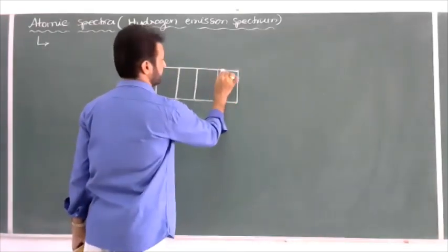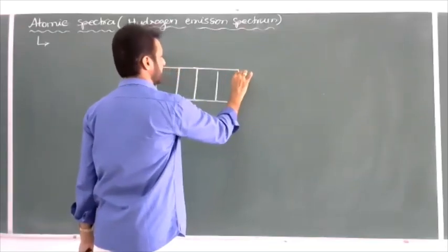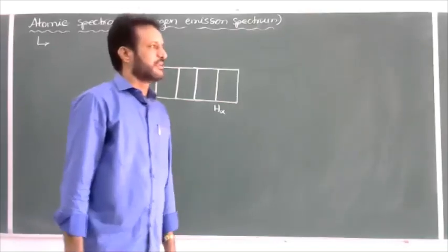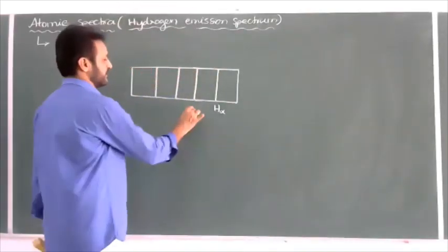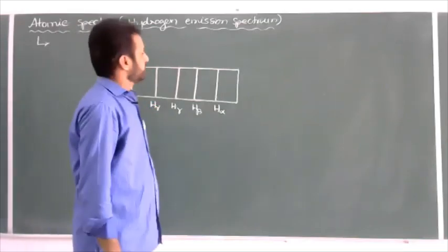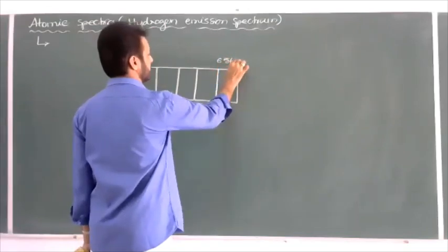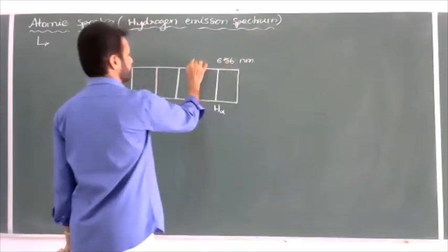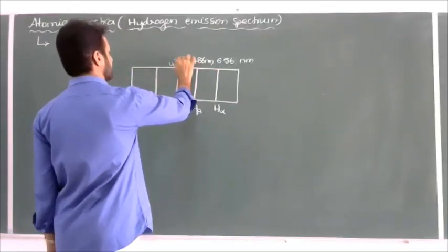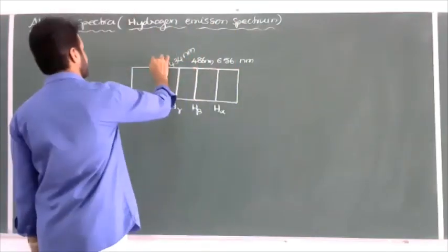Next, one more point. When light or electromagnetic radiation is passed through hydrogen gas, in its spectrum some of the wavelengths are missing, due to the absorption of this light.